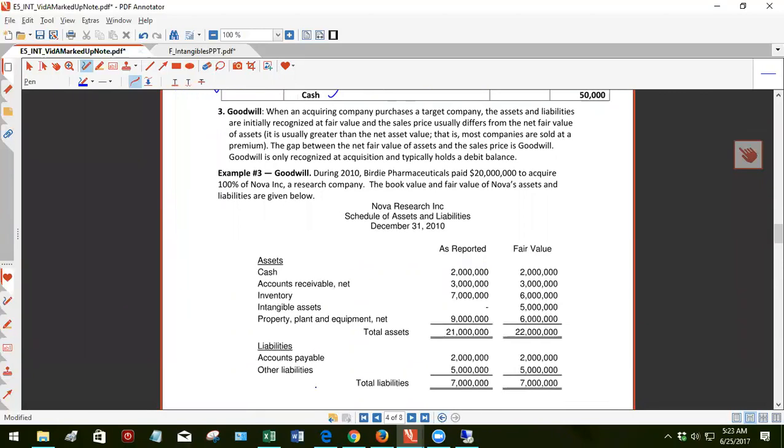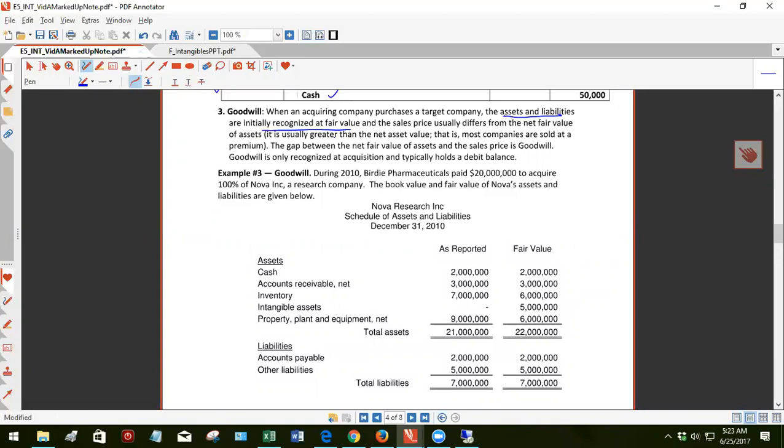Okay, now goodwill is a totally different type of asset. It only happens when one company buys another. So when one company buys another, the first thing to notice is all the assets and liabilities are initially recognized at fair value. That means when one company buys another, the first thing they're doing is acting as if they're buying every asset individually and taking on every liability individually.